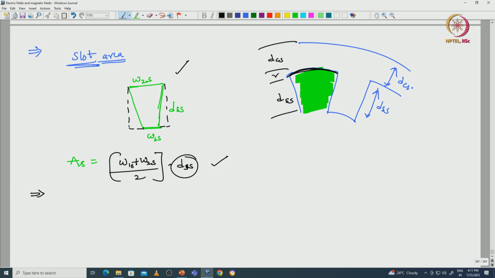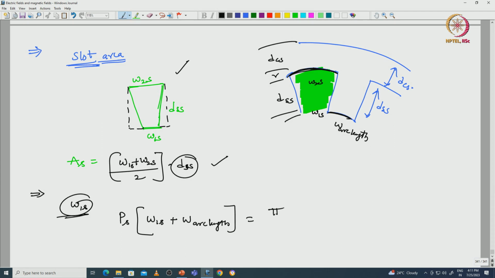And the perimeter equation with respect to W1S is nothing but number of poles into W1S plus arc length of this one, that is W arc length, is equal to pi into DIS.